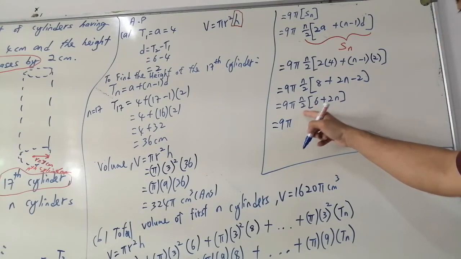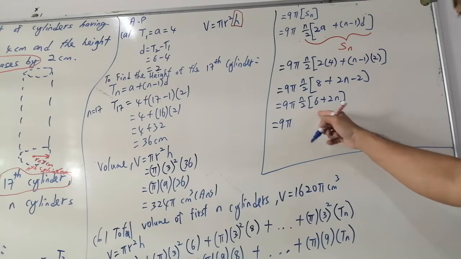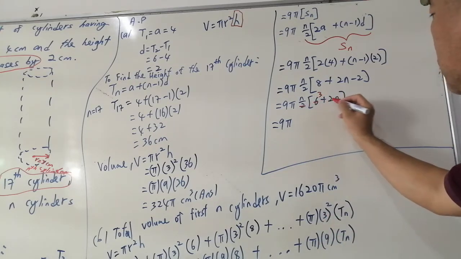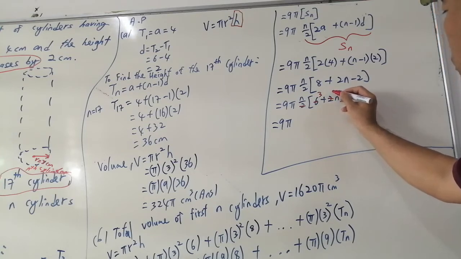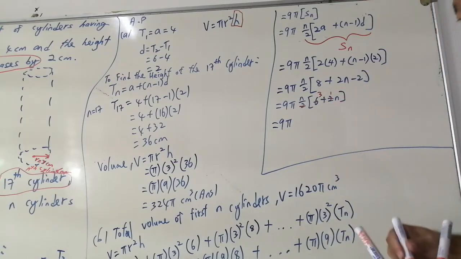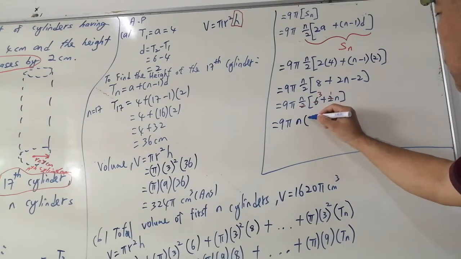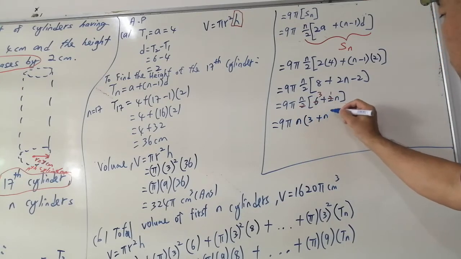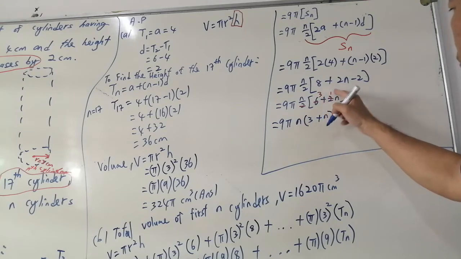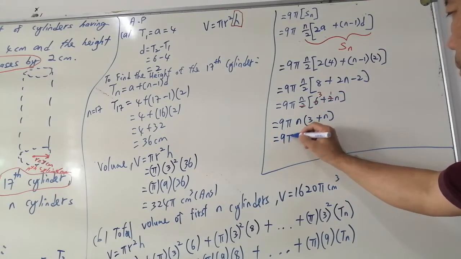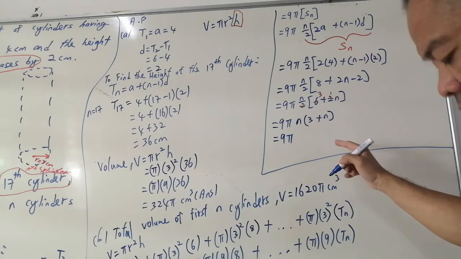You can simplify it now: 2, 3, 2, 2, so equal to 1 here. So your answer will be n times 3 plus n. 3 plus 1n, 1n is n. So here 9 pi becomes how much? It's 3n.